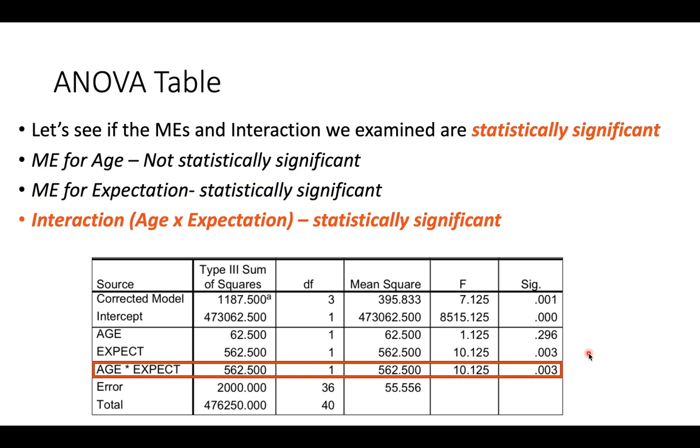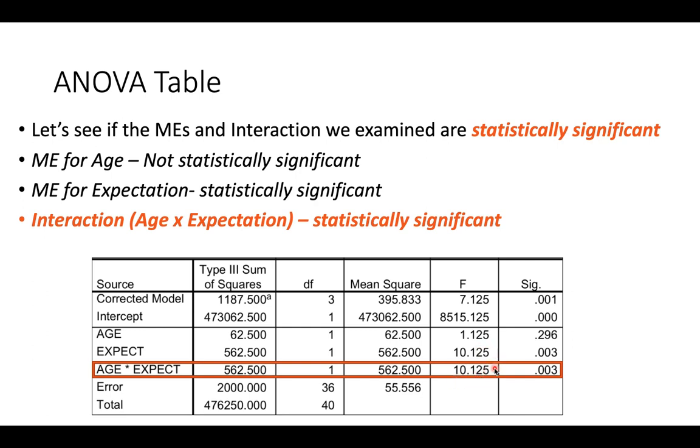And lastly, our interaction appears to be significant. We got this degrees of freedom by taking our number of levels minus 1, so 1. And then we have again a large F value. These are the same number, 10.125, 10.125. That's just some randomness there.